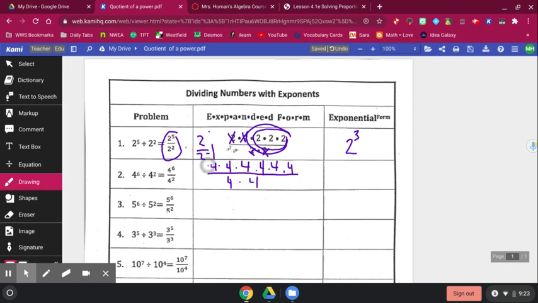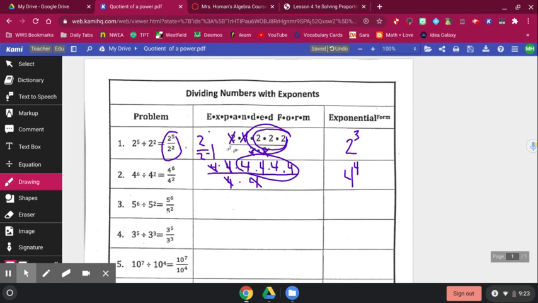Again, a 4 on top and a 4 on the bottom cancel out, a 4 on top and a 4 on the bottom cancel out. We're left with 4 4's on top. So 4 is our base because that's what's being multiplied, and we have 4 of them. That's your exponent.